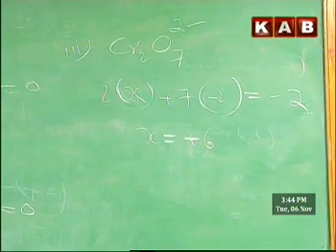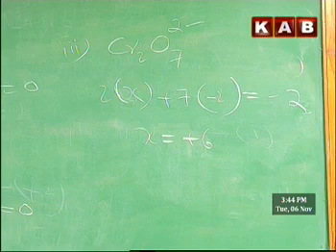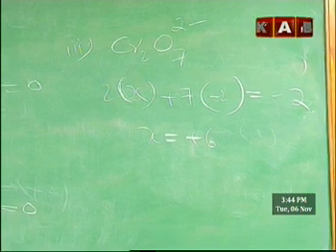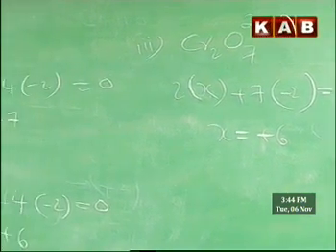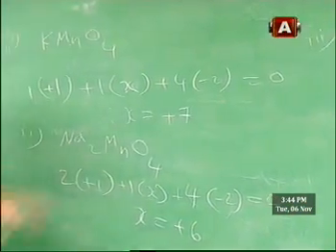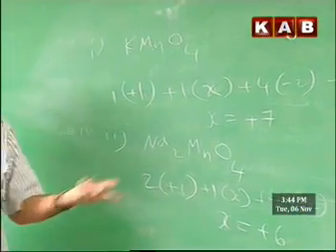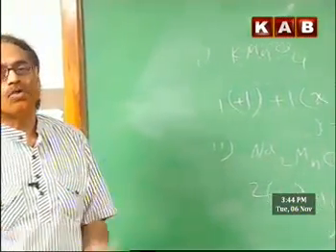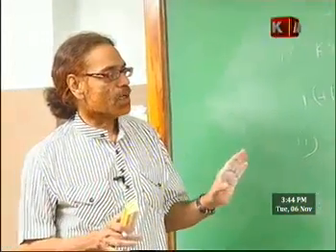But with a little practice, you must practice in such a way that we should not do this big work. Just by looking at that molecule or ion, you must tell its chromium oxidation number plus 6 here, plus 7 here, then that application becomes very, very useful. So, this is how to find the oxidation number of elements.